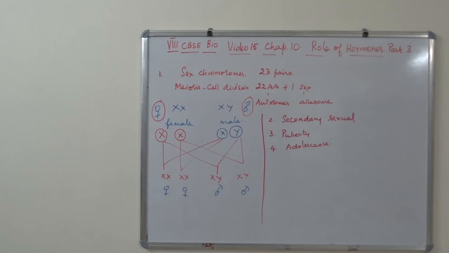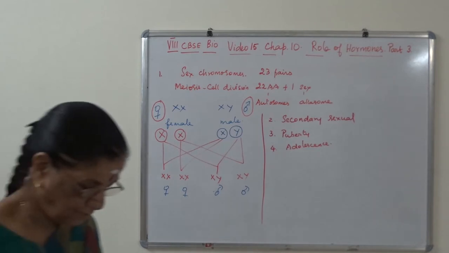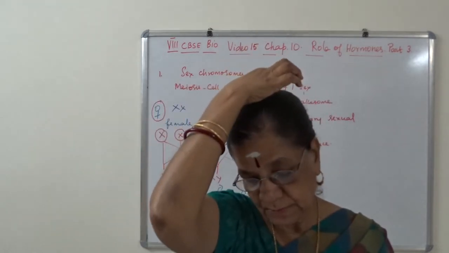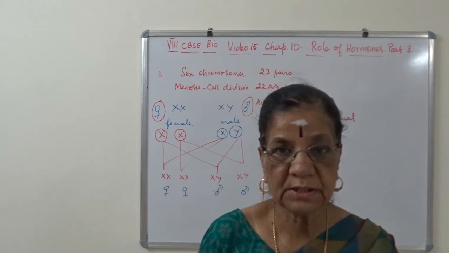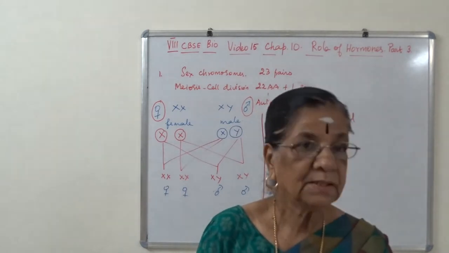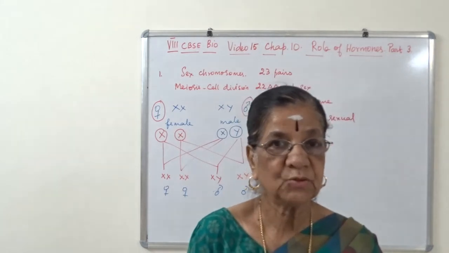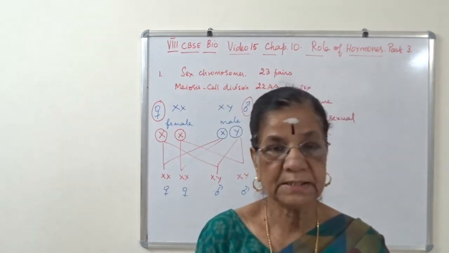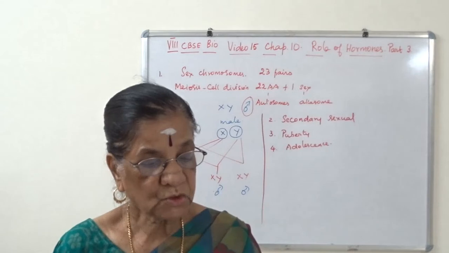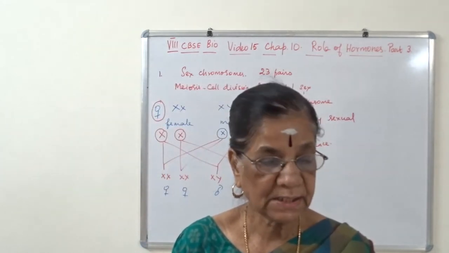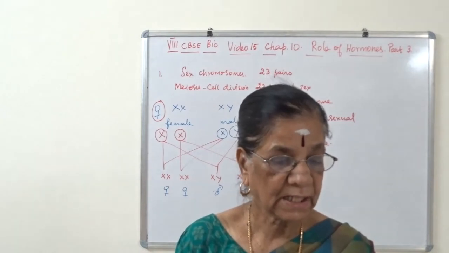One minute. Our booklet, page number 113: changes at puberty. First, increase in height. The most conspicuous change during puberty is the sudden increase in height.